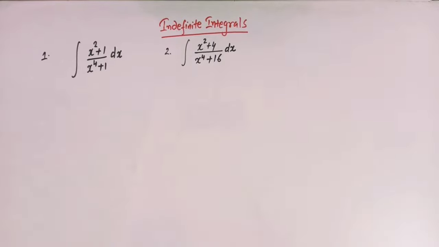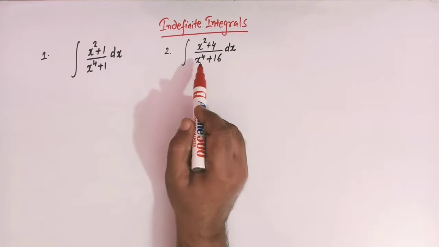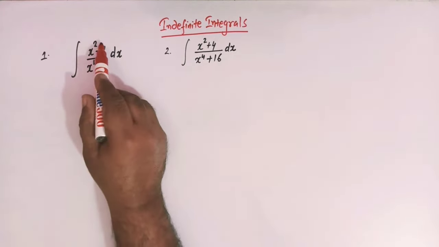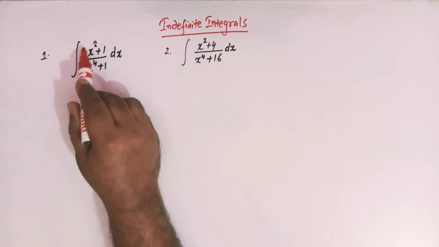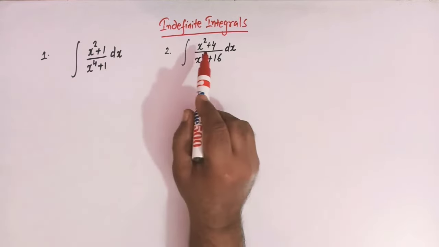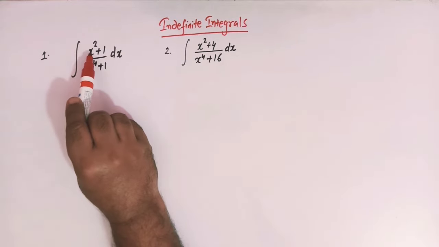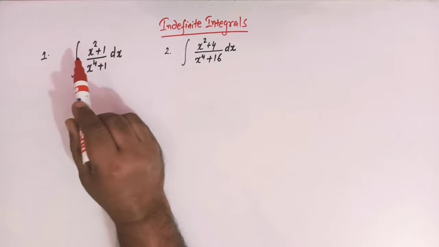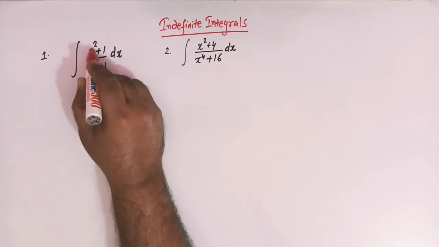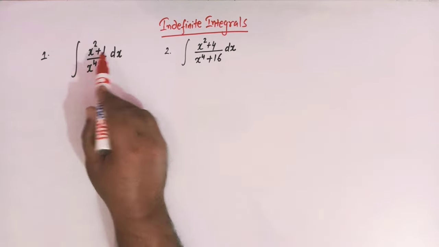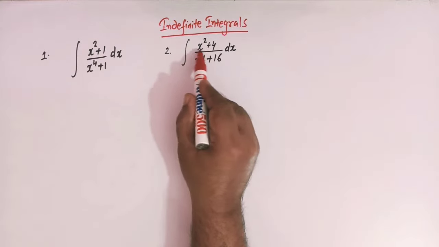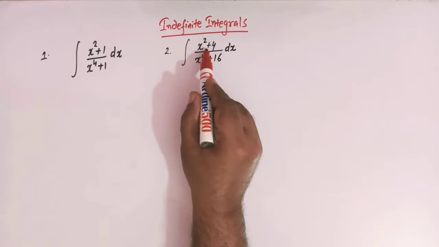Now if we look at these two problems, we see that the integrand consists of a numerator and a denominator. In the numerator we have a quadratic function, that is x square plus 1, and here also we have a quadratic function, x square plus 4.